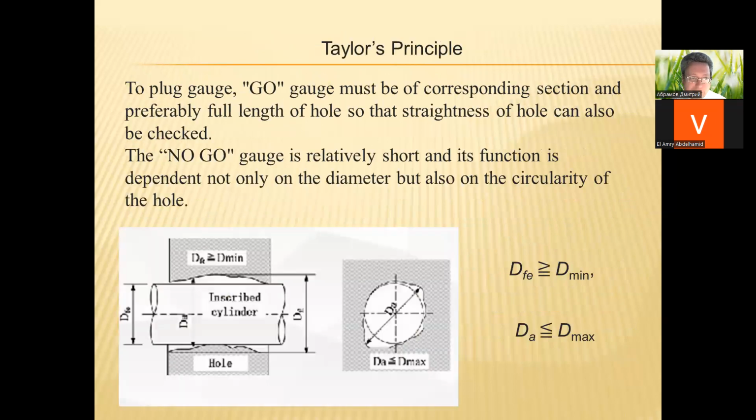We continue with Taylor's principle. For a plug gauge, the go gauge must have the corresponding section and preferably full length of the hole, so that straightness of the hole can also be checked. The no-go gauge is relatively short and its function depends not only on the diameter but also on the circularity of the hole.